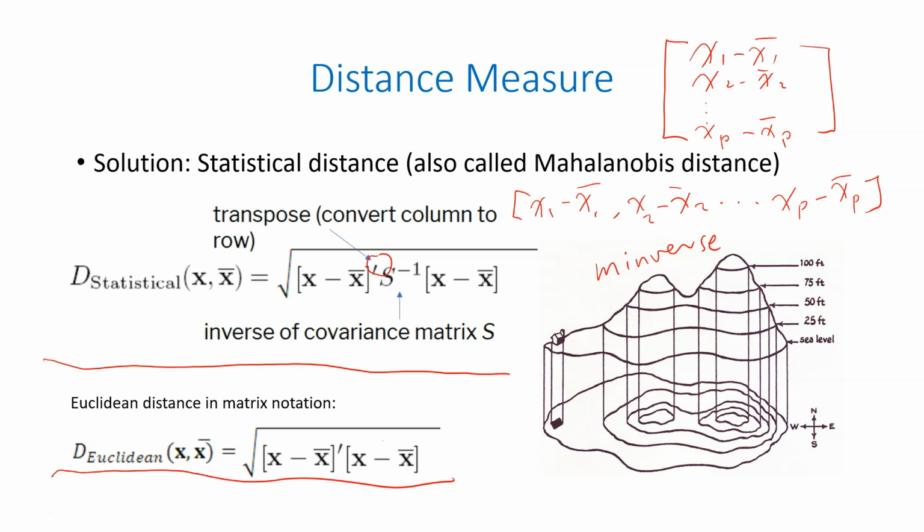So if you are familiar with the matrix notation, you can see that this formula is exactly the same as our previous formula of the Euclidean distance. Now if you compare this formula with the formula for statistical distance, the only difference between the two is the inclusion of the inverse of the covariance matrix here.